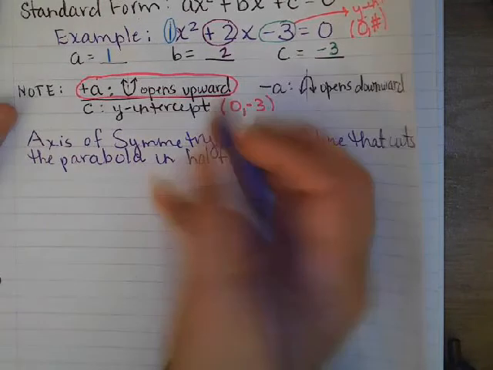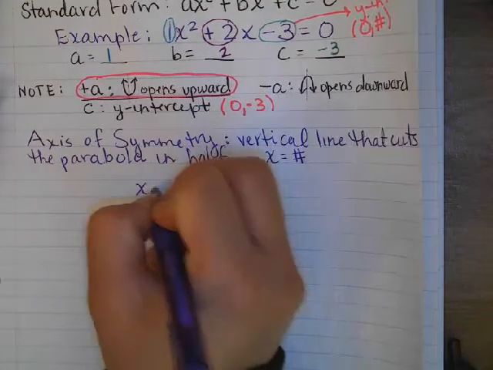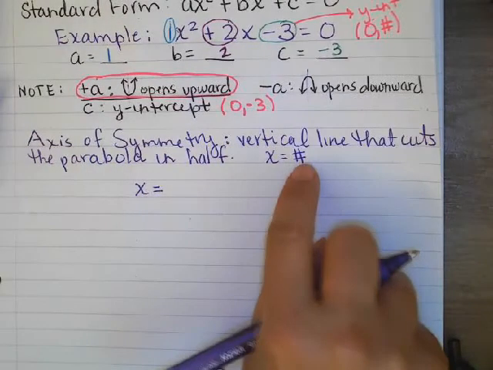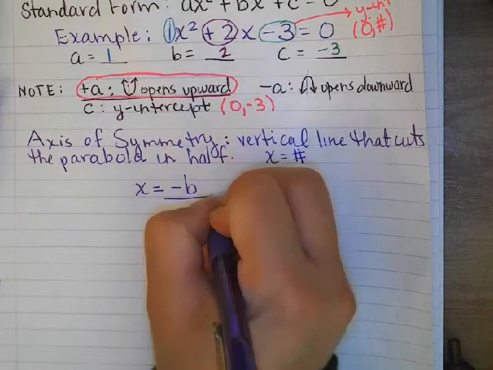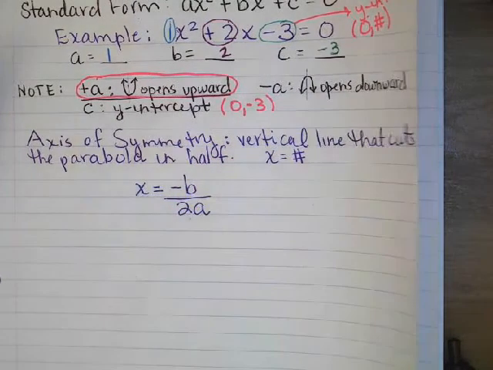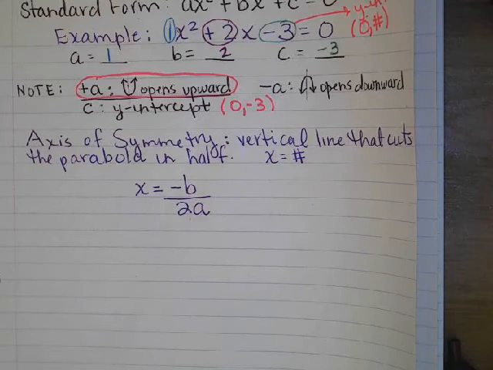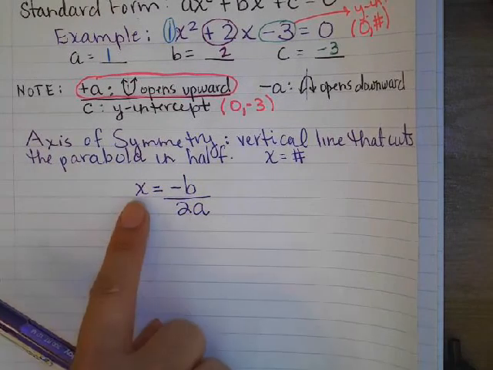So how do we find it? There's a little formula for it, okay? And it looks like this. x equals, so in order to find that number, you take the opposite of b divided by 2 times a. The opposite of b divided by 2 times a. Okay?